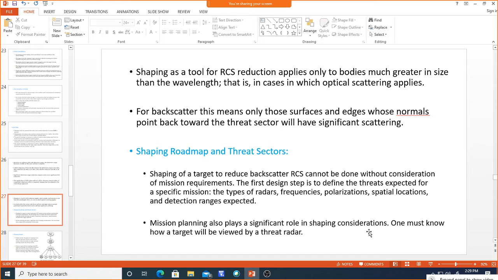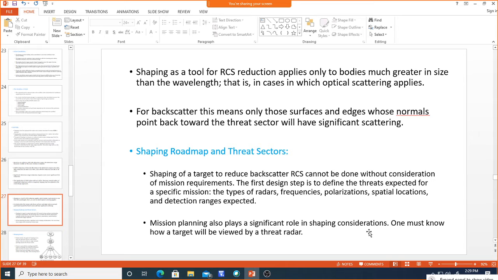And also this shaping as a tool for RCS reduction applies only to bodies much greater in size than the wavelength, because, as I said, if you go on increasing the frequency in the microwave region, the wavelength becomes very small. Even a small target like a simple aircraft will look big in the microwave frequency region.